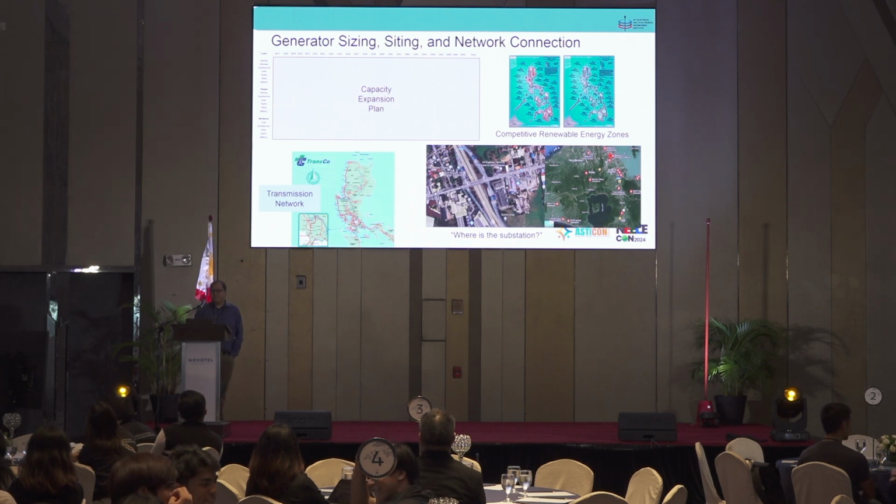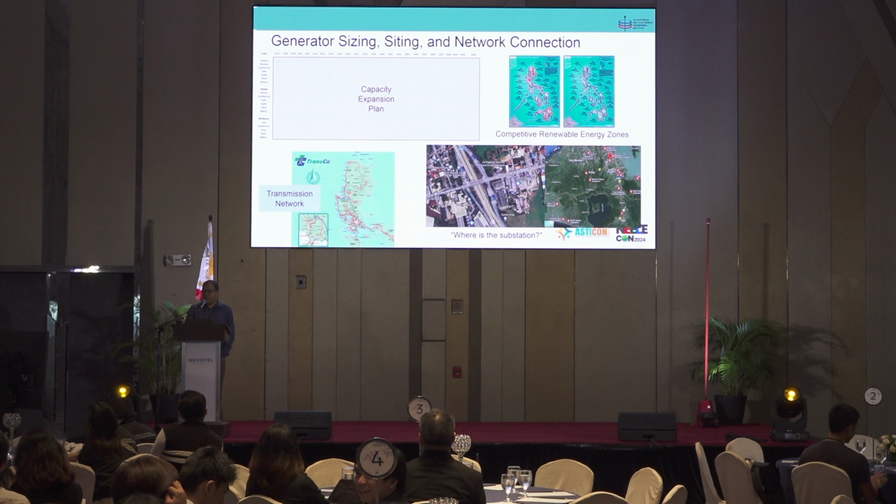So the first one is generator sizing, siting, and network interconnection to be talked about by Luigi. Essentially, DOE turns over to us the capacity expansion every year, how much generator should come in every year. The work that we have to do is, we have to identify how big those generators are, where to put them, and once we put those generators in their respective areas, how do we connect it to the network?